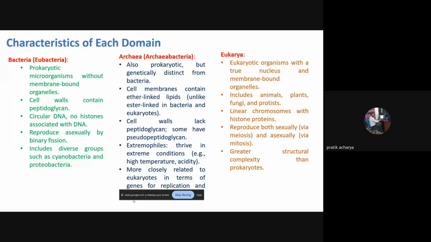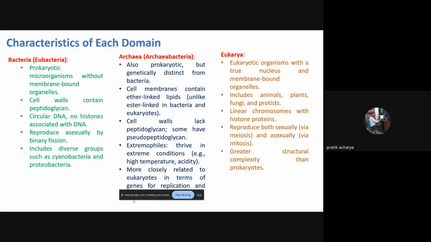Then, if we go for archaea or archaeobacteria, this is different from the bacteria domain known as eubacteria. Here, the archaea group is otherwise known as archaeobacteria. Archaeobacteria are also a prokaryotic group, but genetically distinct from bacteria. That is not the same as bacteria.